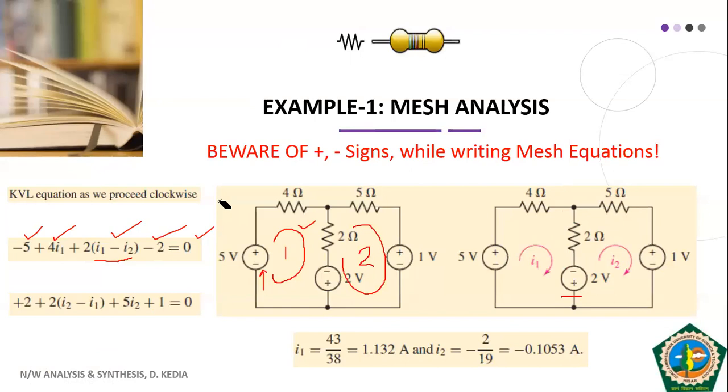You can unmute yourself and discuss. Is this concept of I1 minus I2 clear? Ritik? Yes, sir. I1 minus I2 is clear to everybody? Yes, sir. Okay. So this is a very important concept. Whichever mesh you are considering, keep its current positive, and the currents of the other meshes, if they are coming in that branch, write them with a minus.